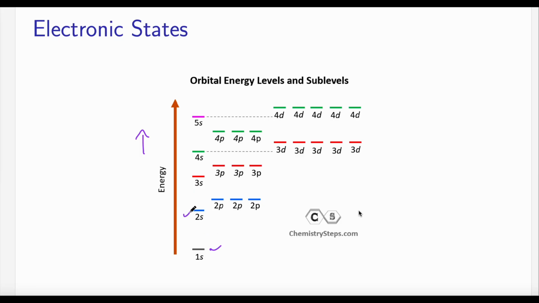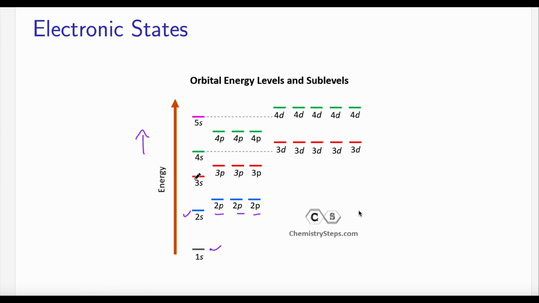Then we have 2s. The next highest state is 2s. After that we have 2p. I had already told you that there will be 3 2p states, so this is 1, 2, 3, and all have the same energy.